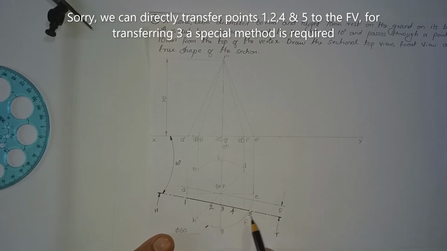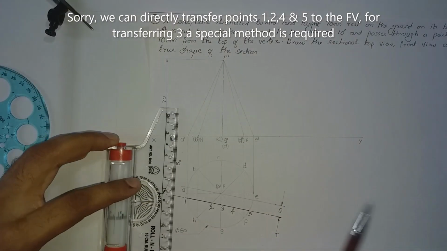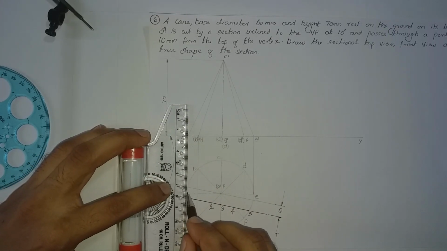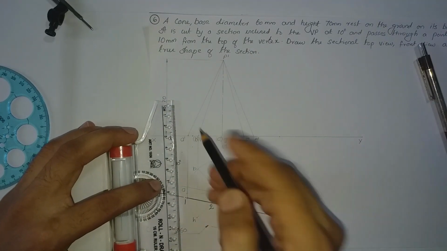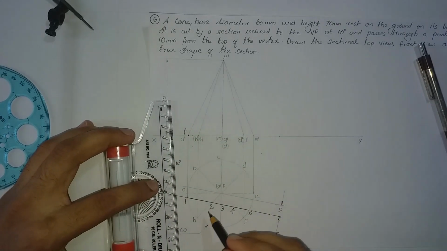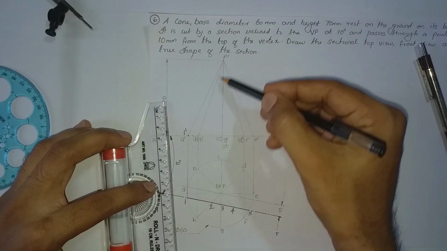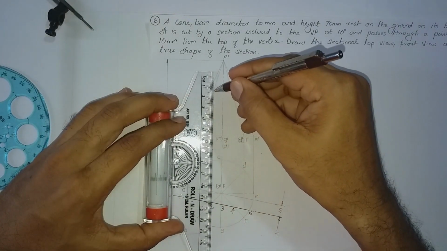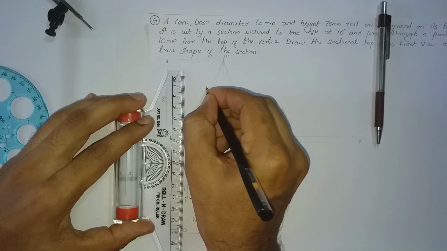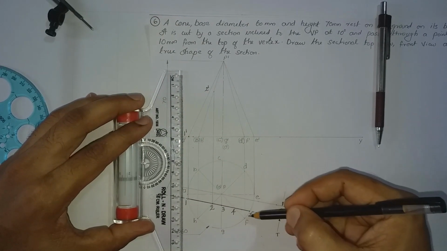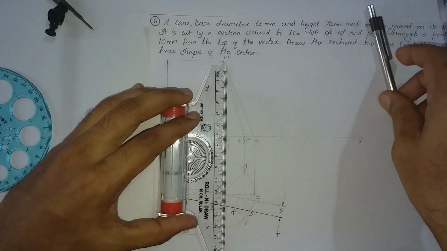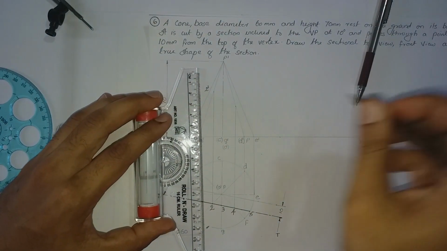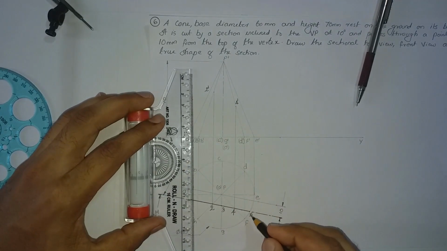So let us transfer 1, 2, 4 and 5 initially. 1 is on the base, so let us transfer it up to the base in the front view. 1 dash. 2 is on generator PH, so this is P dash H dash. 4 is on generator PF, so this is P dash F dash. 5 is on the base.